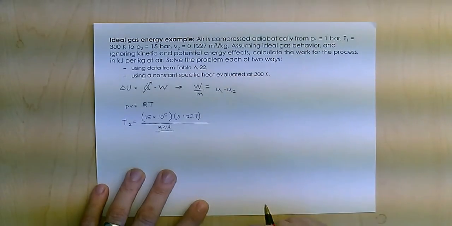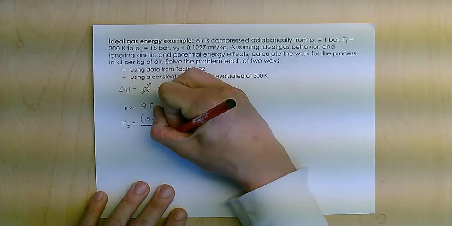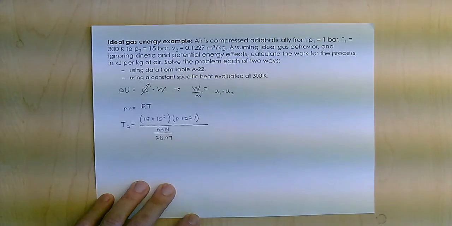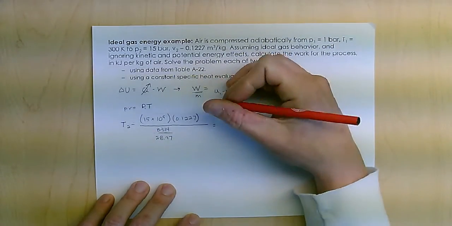And you're going to see this many, many times. You can look it up in table A1, but the molecular weight of air is 28.97.